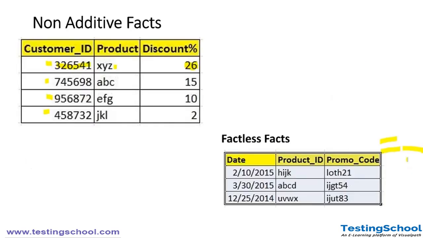Non-additive facts, though you have the measure value in this, your dimension attributes will not give you an option to perform the aggregation. Factless facts do not contain measure attributes at all, but there is still a dimensional group or dimensional set of attributes which would still make sense in certain business cases. So those are the factless facts.